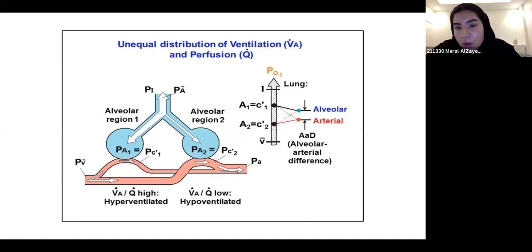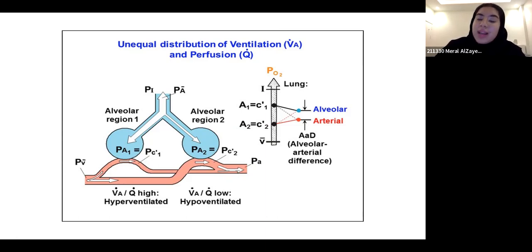Obviously the partial pressure of oxygen in the alveolus cannot be higher than the amount that you breathe in. And also it cannot be lower than the venous blood because the venous blood is unoxygenated. Do you guys understand why it has to be in between these two? And do you guys understand why alveolar region 1 has a higher PO2 than alveolar region 2?